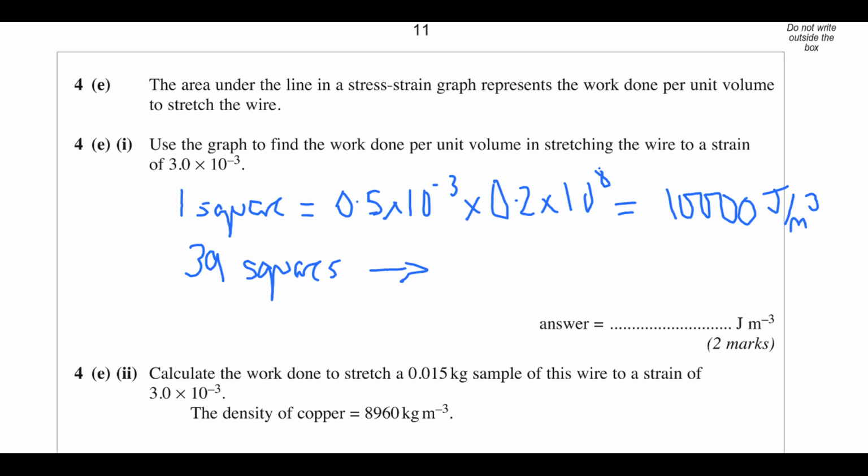So that gives you 39 times 10,000, which gives you 390,000, or 3.9 times 10 to the 5 joules per meter cubed. There'll be a range because the counting squares method isn't too precise, but that's roughly what it is.